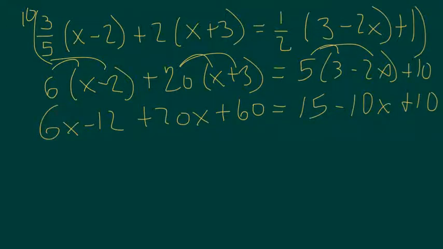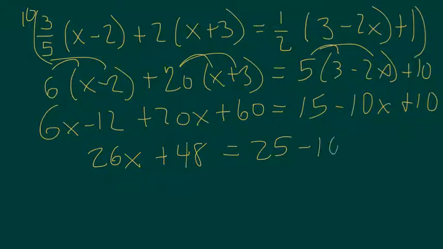I have a 6x and a 20x here. Those would combine to give me 26x. Then I have a negative 12 and a positive 60, which would combine to give me a 48, and it's just a constant there. Then I have the 15 and 10, which are going to give me a 25, and I still have that negative 10x. I combine this term with this term to get the 25.